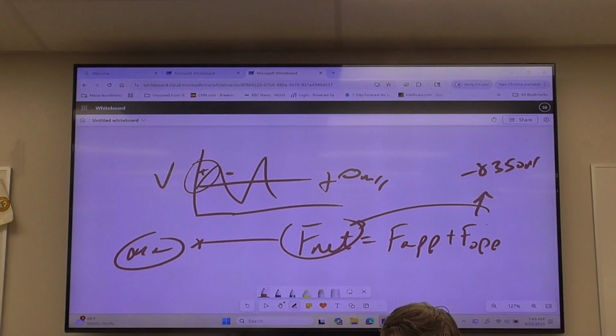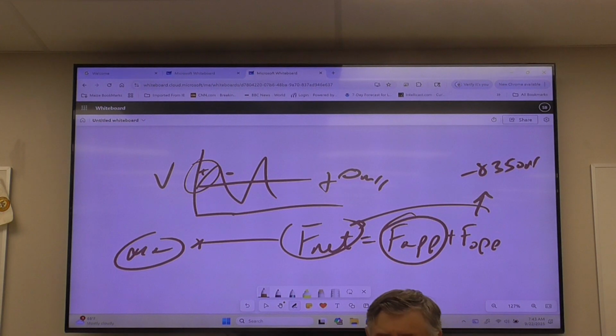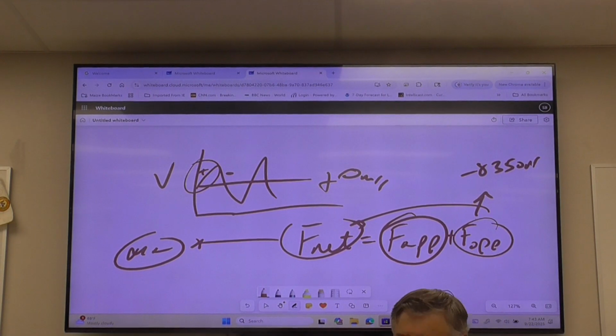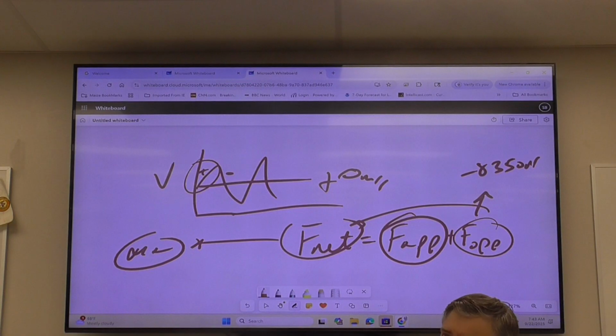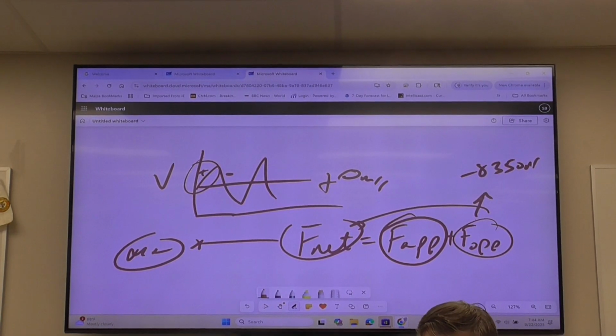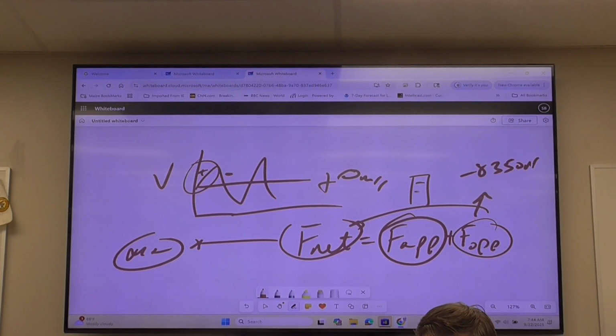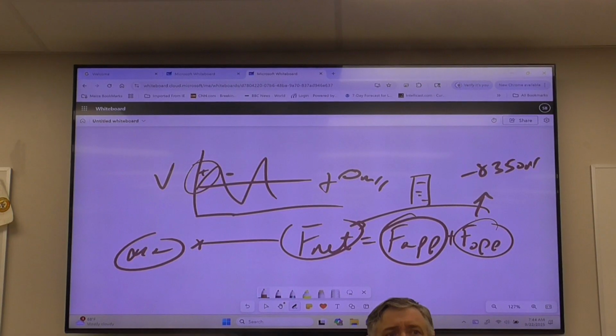Even if you completely shut off the engines, you still have that negative value of negative 8350, which is going to create a negative acceleration. So the only way you can alter the acceleration is through what you control in the program, which was the value of that applied force.